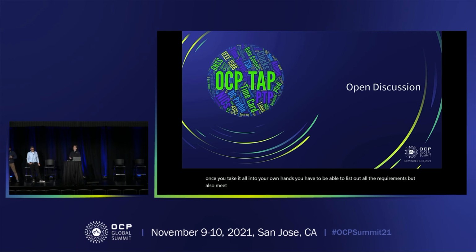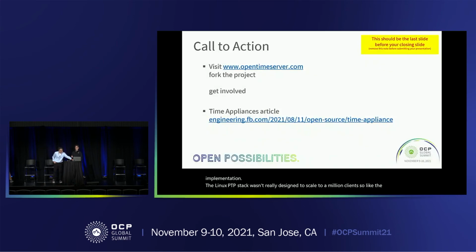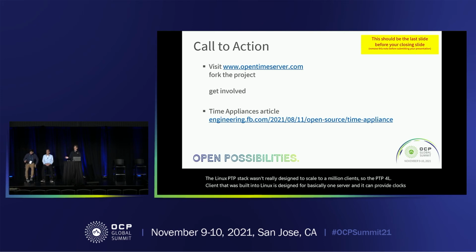So the other challenges were on the software side for the server implementation. The Linux PTP stack wasn't really designed to scale to 1 million clients. The ptp4l client that was built into Linux is designed for basically one server, and it can provide clocks to, say, a couple hundred other clocks. But if you want to scale that to 1 million, all of a sudden you have to really dig down into Linux and see how it is getting those timestamps, particularly from the transmit side.